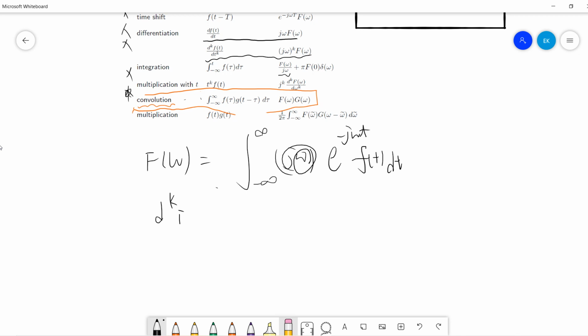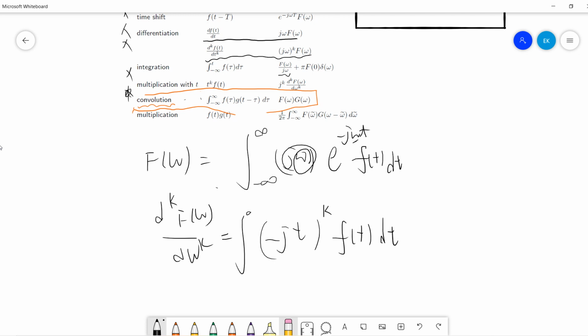So you first do the k-th term. Each time you do a k term, you pull out this jt, so (jt)^k f of t dt. So this is minus j^k times the integral of t^k f of t dt.